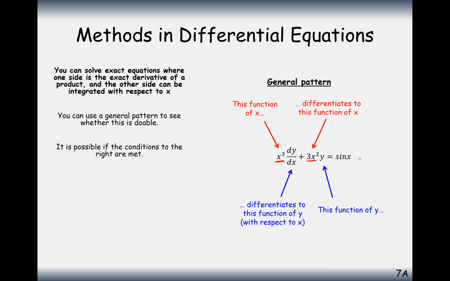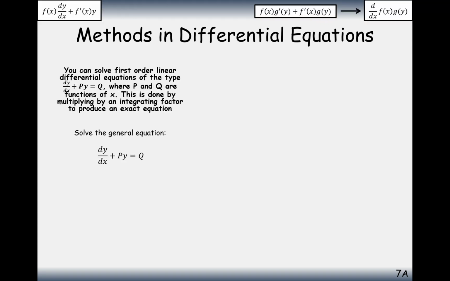It doesn't matter what's on the right-hand side. As long as we have a function and its derivative, one multiplied by dy by dx and one multiplied by y, it will perfectly follow the pattern of implicit differentiation.